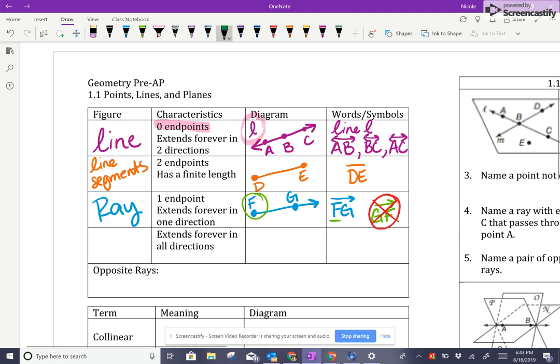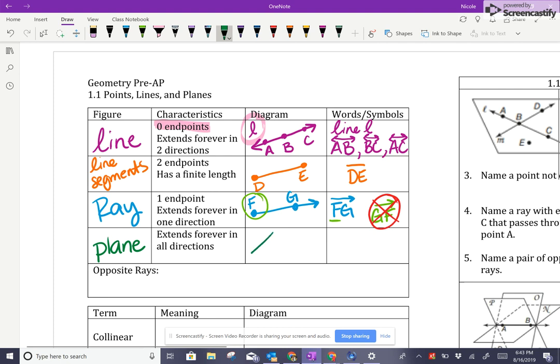We also have planes. So planes extend forever in all directions. Think of a flat surface, but it just continues on and on in all directions. When we draw these, they're going to be restricted because it's hard to visualize something continuing on and on forever.